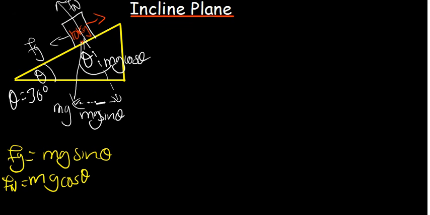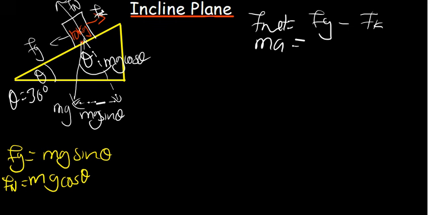So we're going to have the friction there, which is going to be Fk, meaning kinetic friction, because the object is moving. So same F net is going to be equal to the Fg, because it's moving there, and again minus the friction force. According to Newton's second law, this is going to be ma. Fg is mg sin theta minus F, which is mu times the normal force.